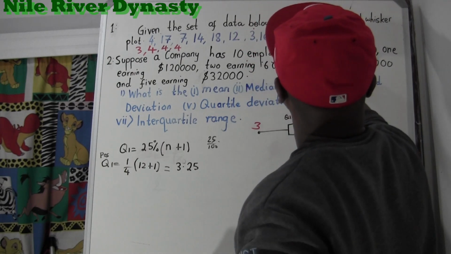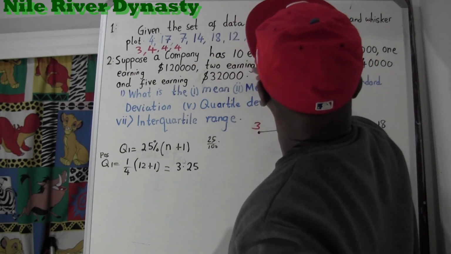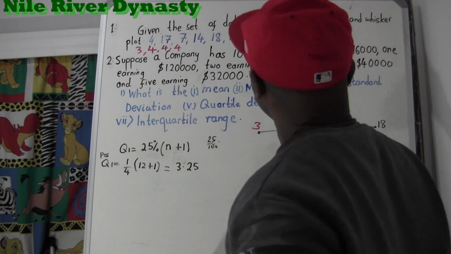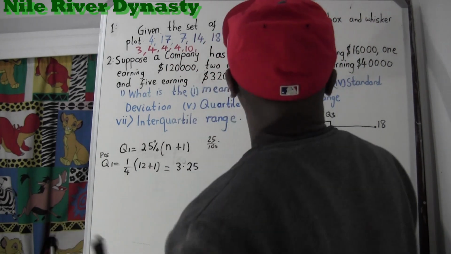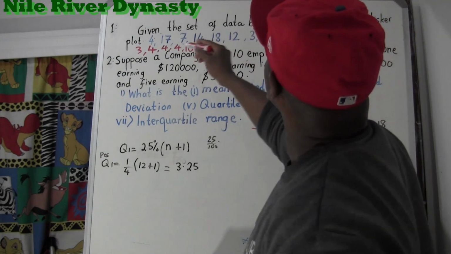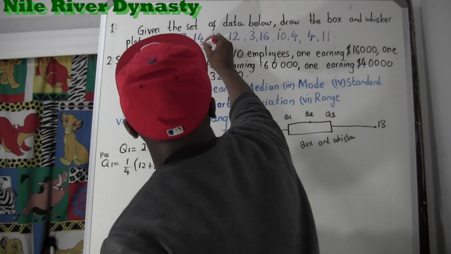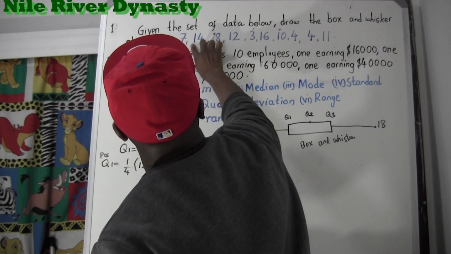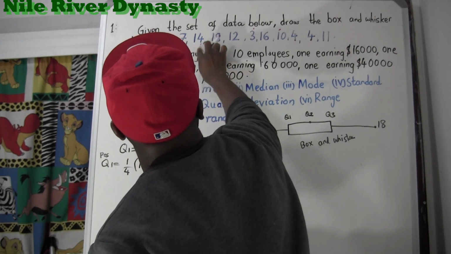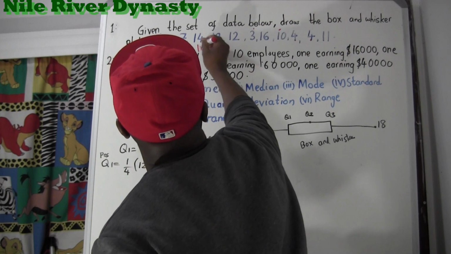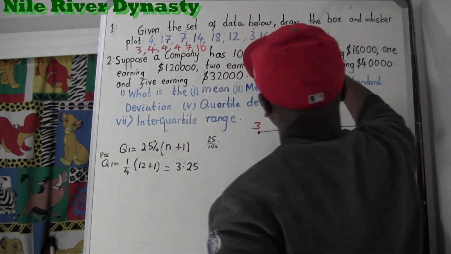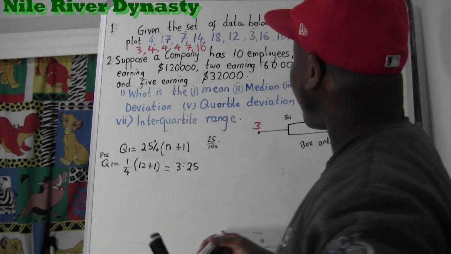Now, what is the next data here? I think 10 should be the next one. After 10, what is the next one? 11, no, I made a mistake. It's 7. I see the 7 here. So the 7 is gone, and then 10 is good. It's always good to cancel so you don't have to repeat it.